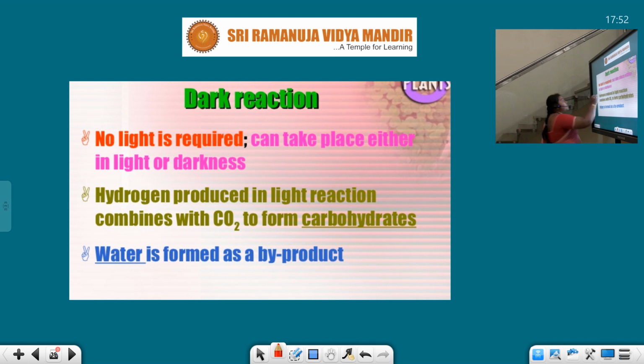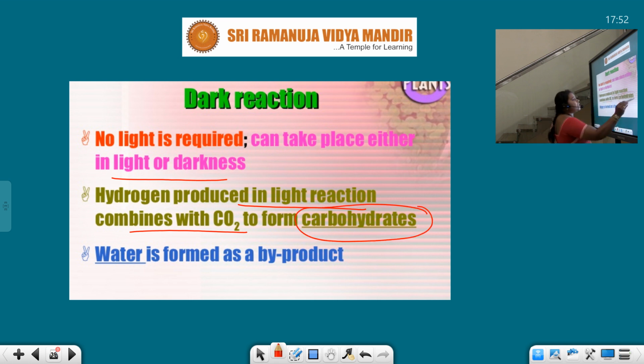So it can take place either in light or darkness. Hydrogen produced in the light reaction combines with carbon dioxide to form carbohydrate. Carbohydrate is nothing but glucose, students, C6H12O6. Water is formed as a byproduct. These are the major events which take place during the dark reaction, or dark phase, you can say.